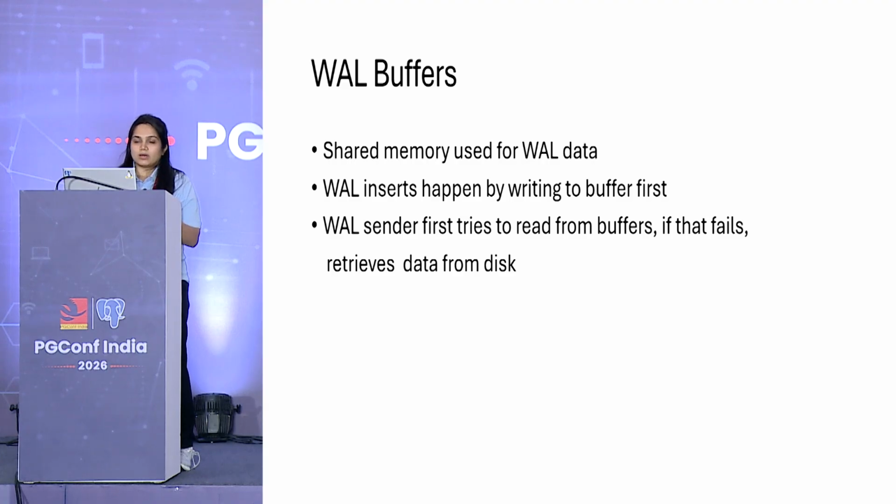Setting this value high is important if you have a lot of concurrent workload, because all the backends that your Postgres database is running are writing WAL to the same WAL buffers. So if you have a lot of concurrent workload, you should have a higher setting for this GUC. However, WAL in the WAL buffer is flushed periodically, which you'll see in the next slides as well.